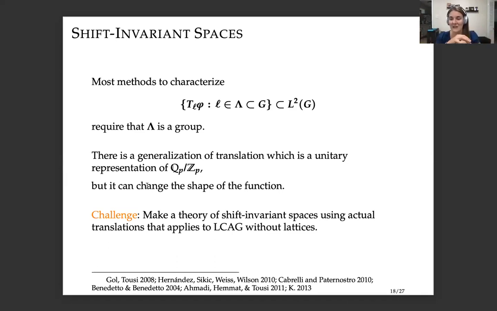Can you have results that say something like, the periodization function or the brackets or the fibers or all of these different techniques really need the fact that you're shifting over a group? And is there a way to shift over something that's not quite a group, but is close in some sense? Because it seems like everything needs the group structure.